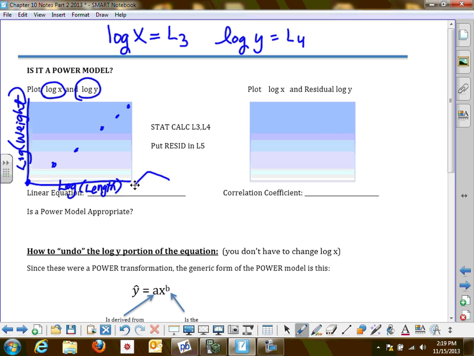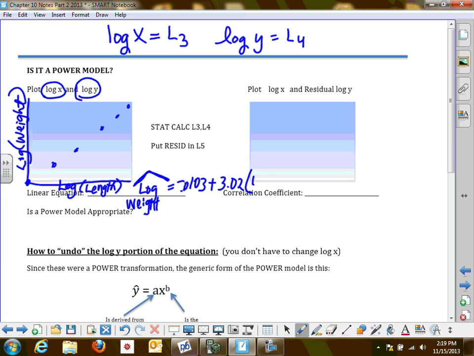So predicted, what am I predicting here? My equation is about predicted, not just weight, log of weight. Very good. Predicted log of weight, that's what the y variable is, equals negative 0.0103, and then the slope was 3.02. Now, your x variable is what?